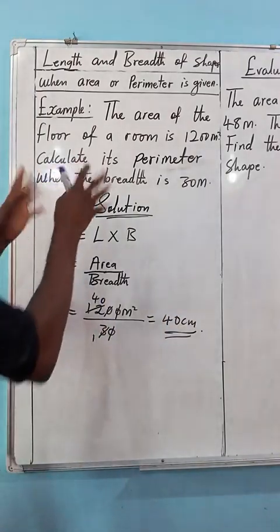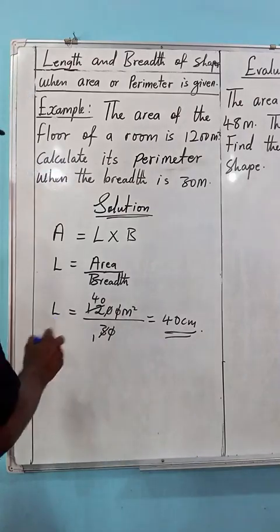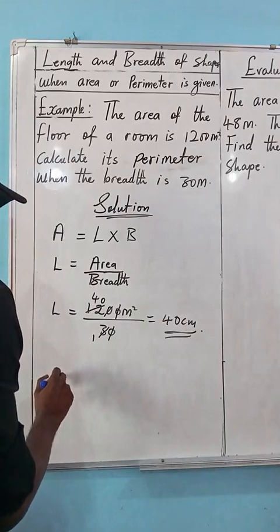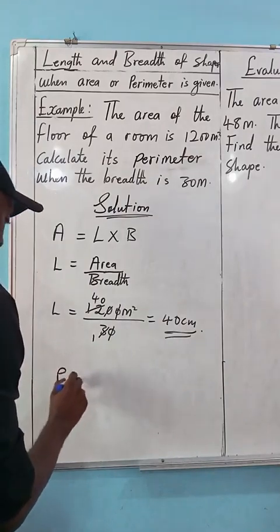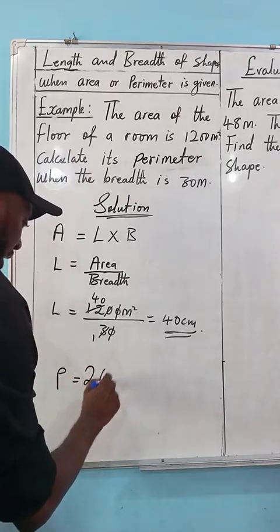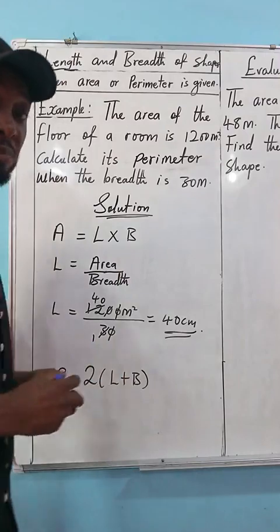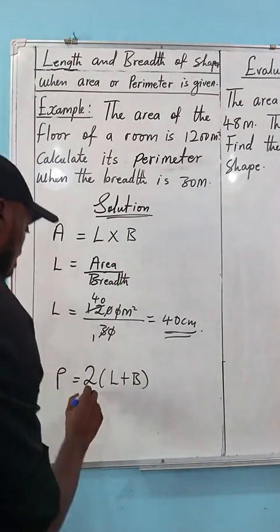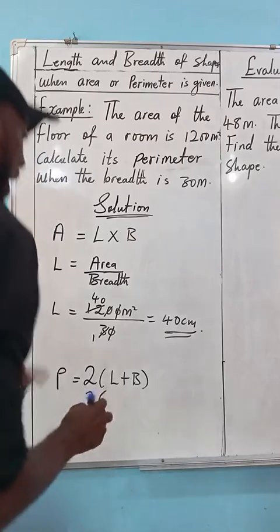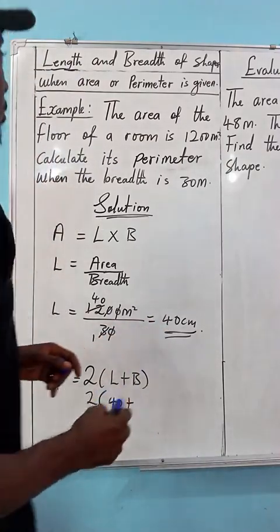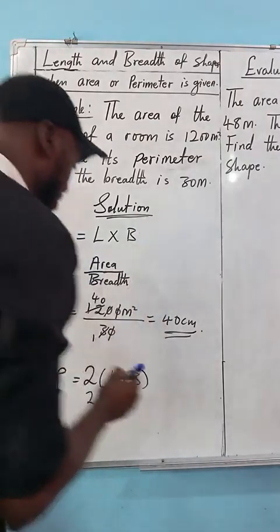In order to calculate the perimeter of the rectangle, the formula for calculating the perimeter of a rectangle is P equals 2 bracket L plus B, and you close the bracket. Now we have 2 bracket L is 40 plus B, the breadth is given as 30.